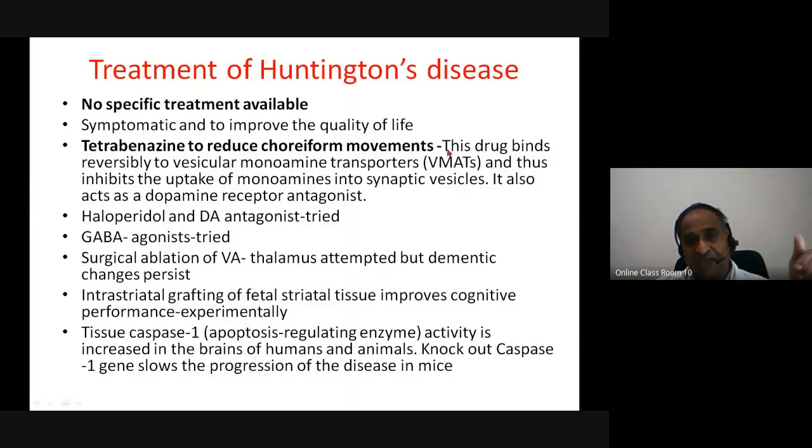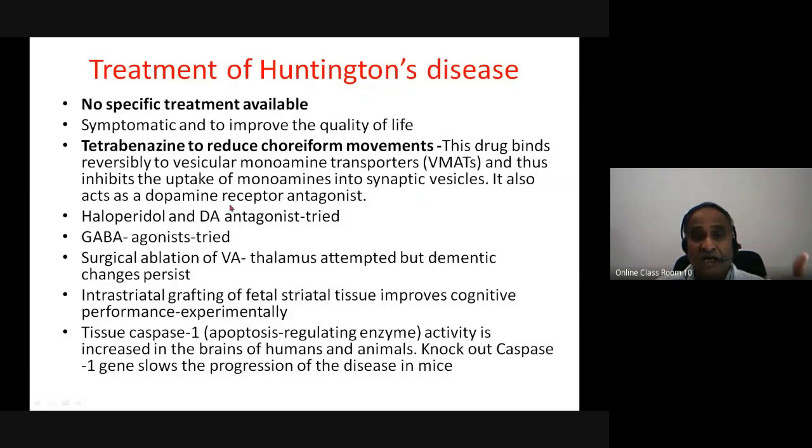Tetrabenazine is a drug that binds reversibly with vesicular monoamine transporters. That means the monoamines, such as dopamine, are transported inside, and the drug inhibits the uptake of the monoamines into the synaptic vesicles, so that there will be more dopamine availability.